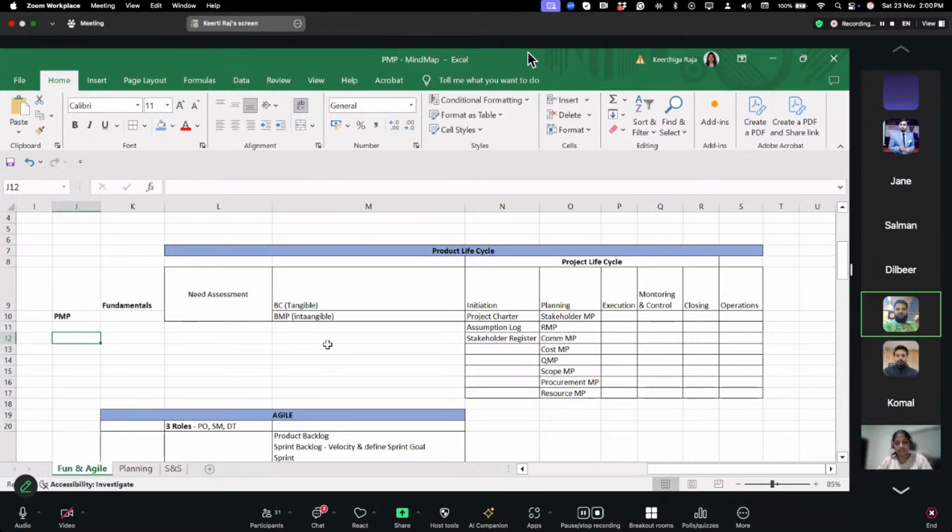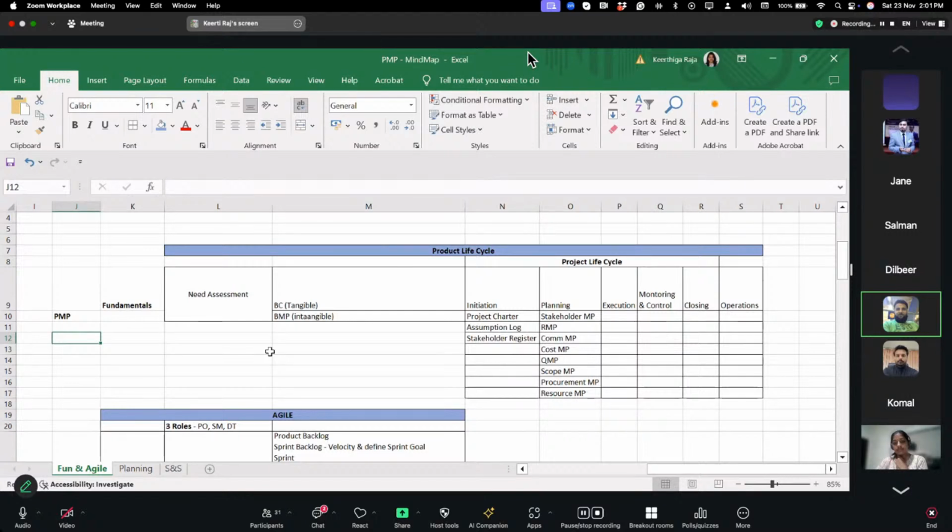Then we have the project life cycle itself, which consists of five processes. The first one is initiation, which contains the project charter, the assumption log, and the stakeholder register. Then we have planning.